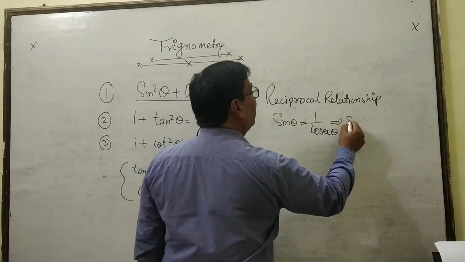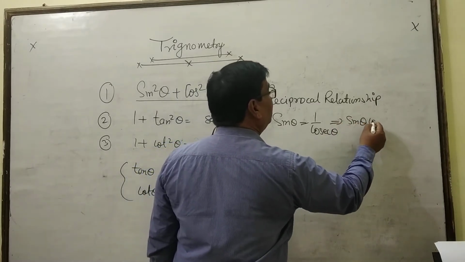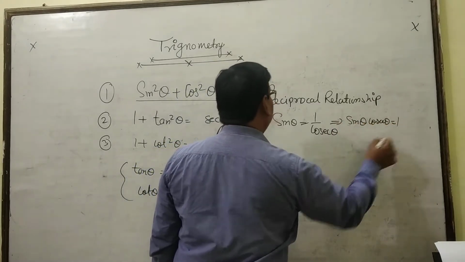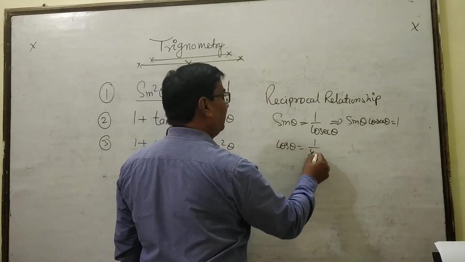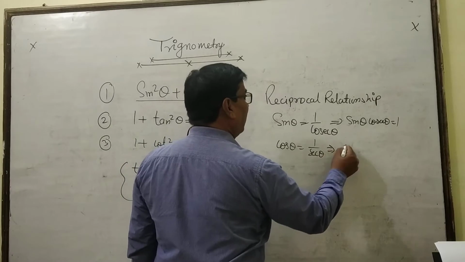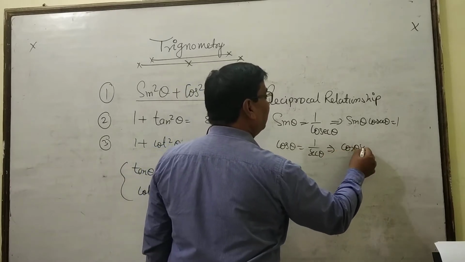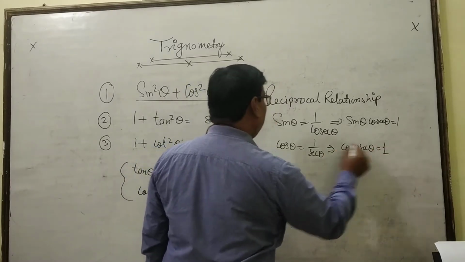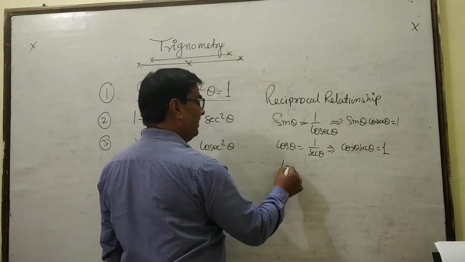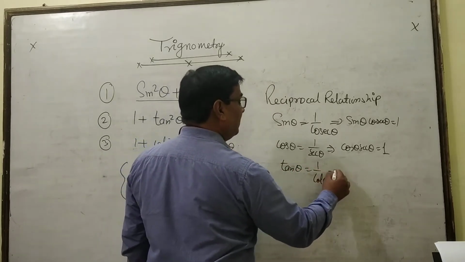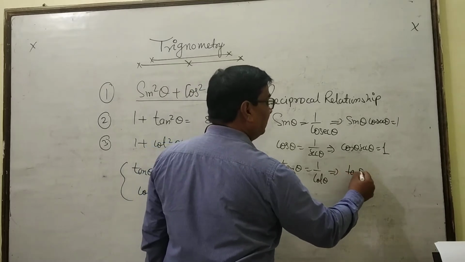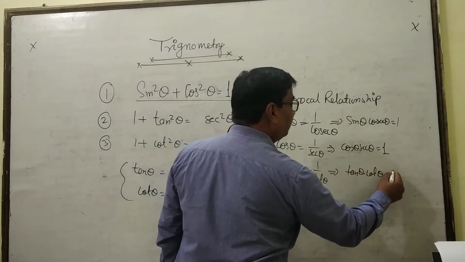In this way you can write sin theta into cosec theta is equal to 1. Cos theta is equal to 1 by sec theta. You can write here cos theta into sec theta is equal to 1, and tan theta is equal to 1 by cot theta. You can write here tan theta into cot theta is equal to 1.